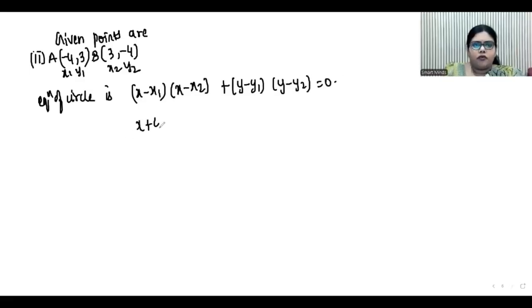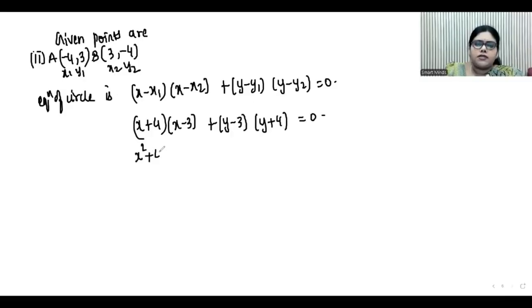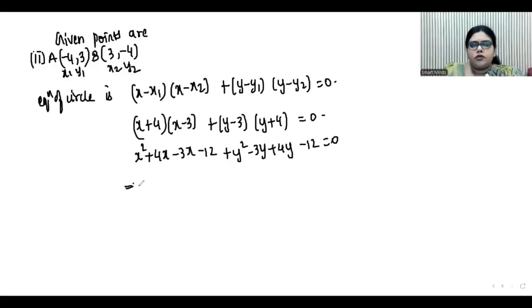So x plus 4 into x minus 3 plus y minus 3 into y plus 4 is equal to 0. So you will get x square plus 4x minus 3x minus 12 plus y square minus 3y plus 4y minus 12 is 0. So you will get x square plus y square plus x plus y minus 24 is equal to 0. This is the final answer.